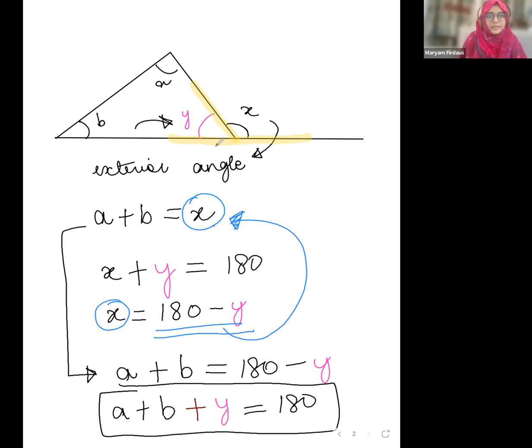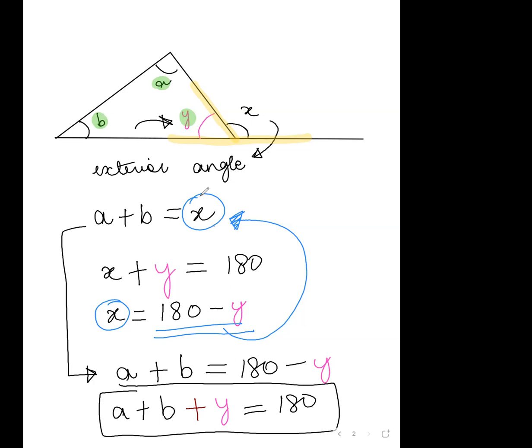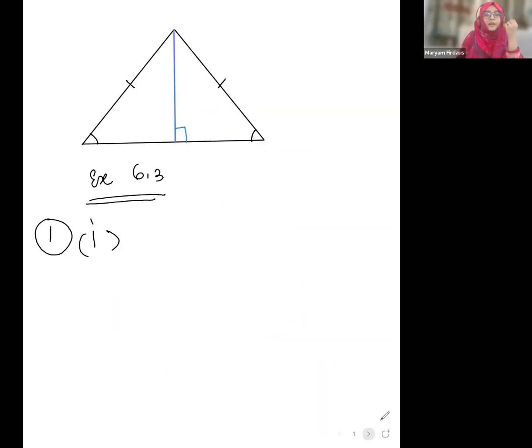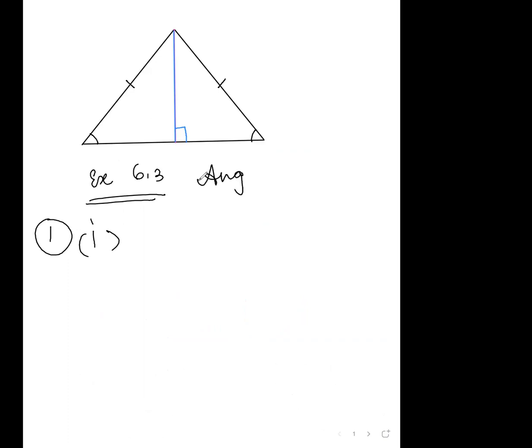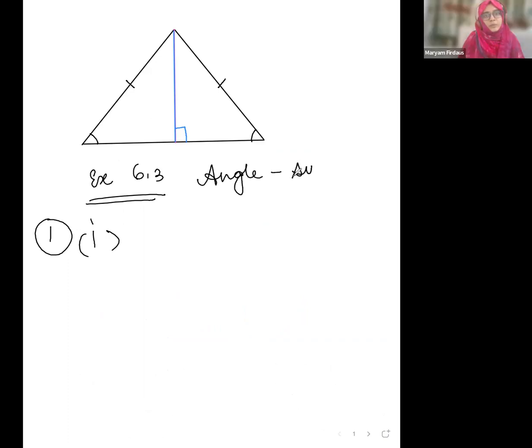That the sum of all the three interior angles of a triangle is 180. That was what we saw in angle sum property. What is it called, Hiba? Angle sum property. Can you repeat what angle sum property is?